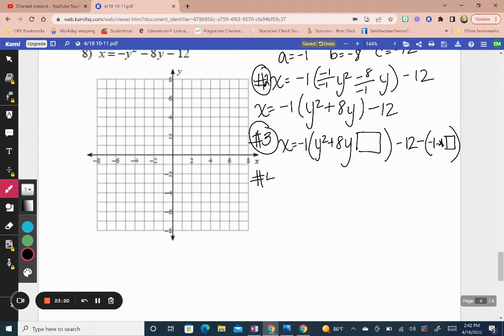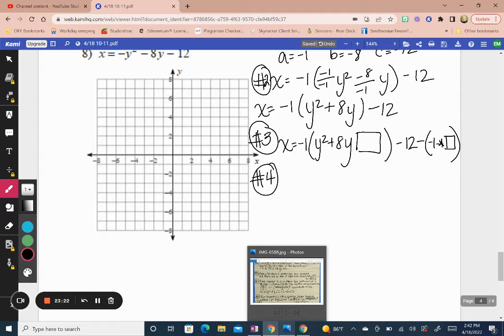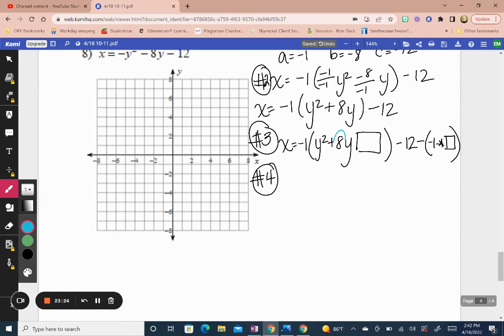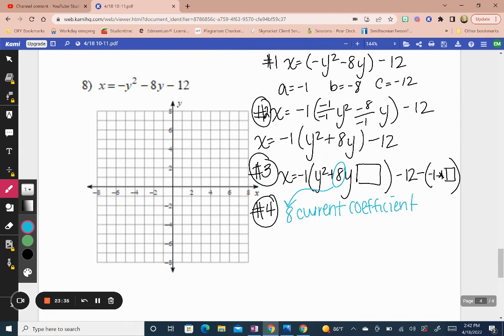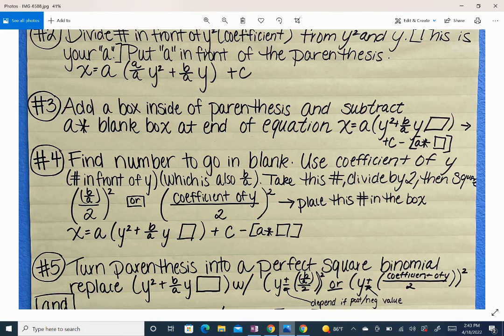Step number 4 is to find the value inside of the box. Right now, my current coefficient in front of y is 8. Also, if I take my original b, negative 8 divided by negative 1, I also get an 8. So regardless, we know this number is going to be an 8.